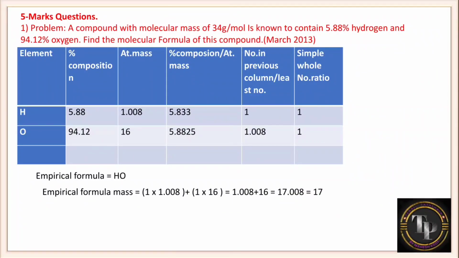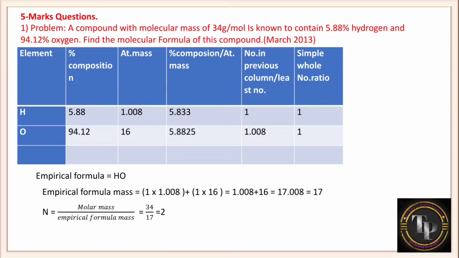So we got the empirical formula mass. We want the molecular formula, so we have to find the small n value. That small n is equal to molar mass divided by empirical formula mass. The molar mass given in the question is 34 gram per mole, divided by the empirical formula mass we calculated, 17. 17 ones are 17, 17 twos are 34, so you get 2.